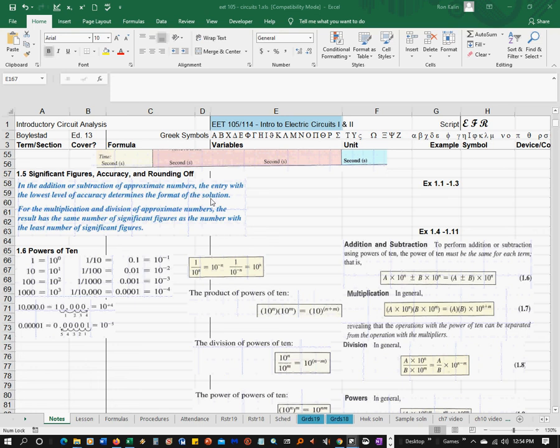For example, if you have a number in the hundredths, like 0.03, and another number in the thousandths, then the hundredths is going to dictate the level of accuracy. So the lowest level of accuracy.